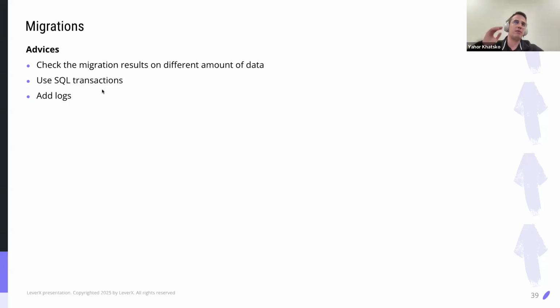Let's say you have multiple updates, and after the execution of a migration, it just errors out and you don't know what the use case was. By adding additional logs to provide context, you will see in which state the error happened. So those are the pieces of advice for migrations.